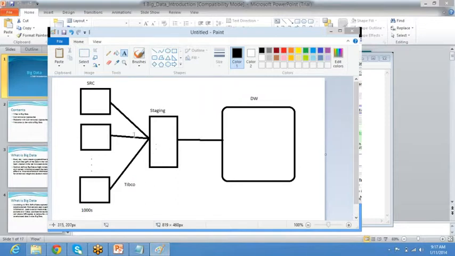Then the process that TIBCO does is extraction. At the level of staging only, or at the level of your data center. Even instead of DW, I should write data center here.